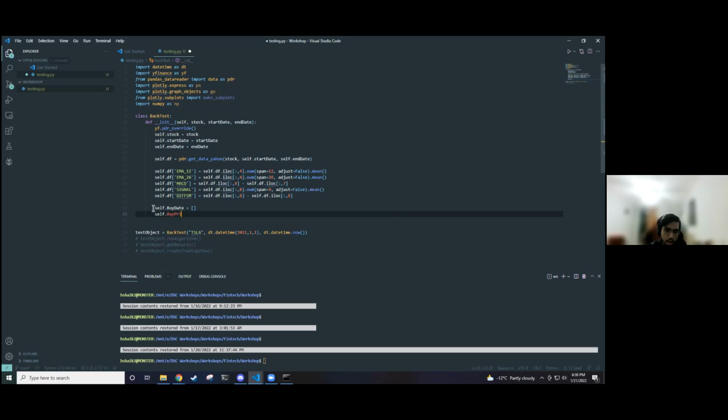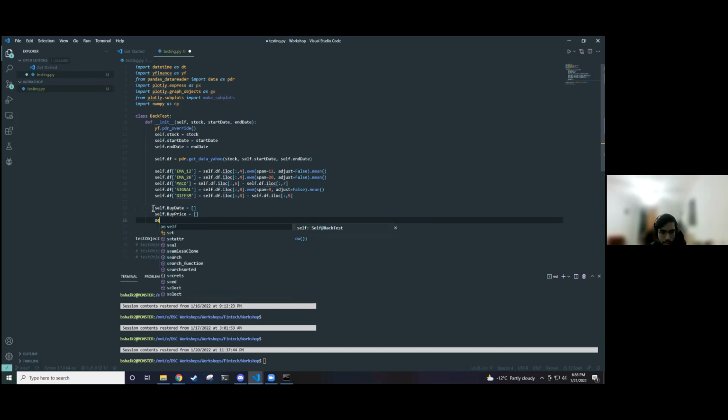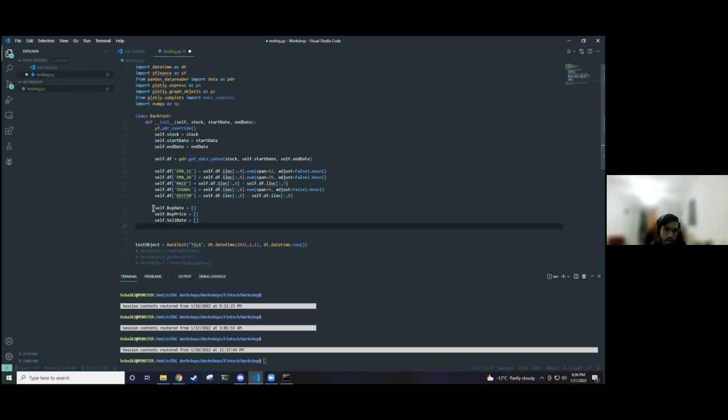So buy price, you just store whichever price you bought at and whichever price you sold at, and similarly sell date, and dot sell price.